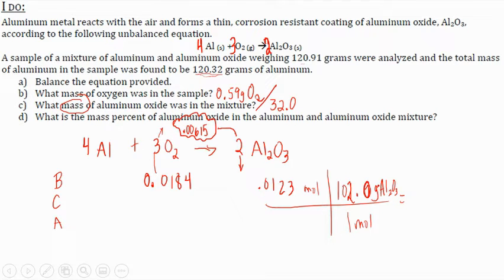So 102 times this value here, that's going to give me 1.25 grams of Al2O3.